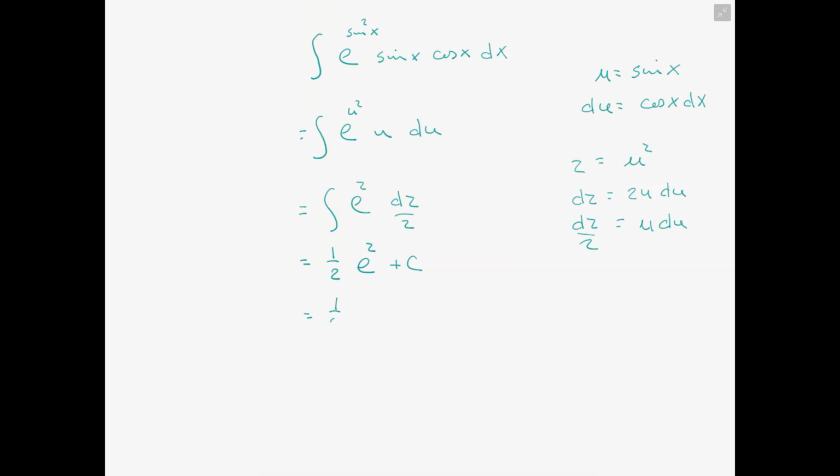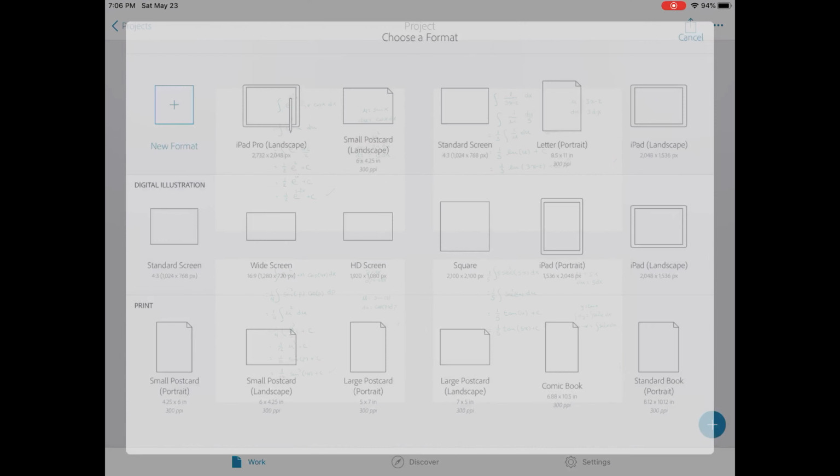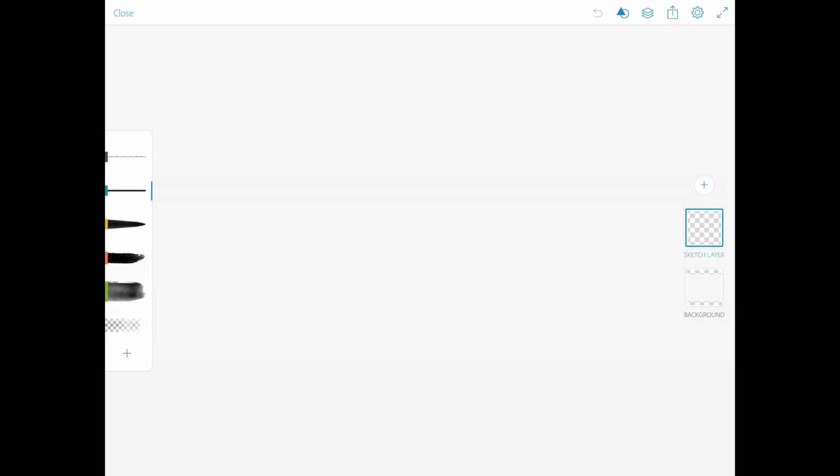So that's dz on 2, and that's equal to 1/2 e to the z plus c. And that's equal to 1/2 e to the u squared plus c. And that is 1/2 e to the sine squared x plus c. And that should be the answer. That is correct.